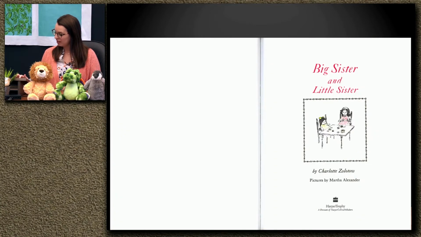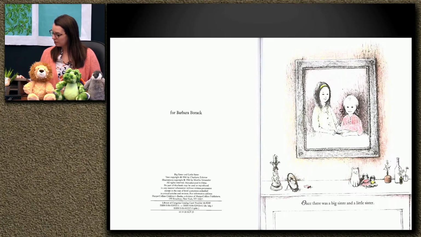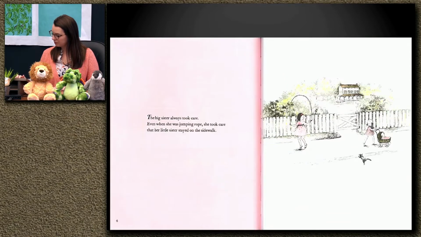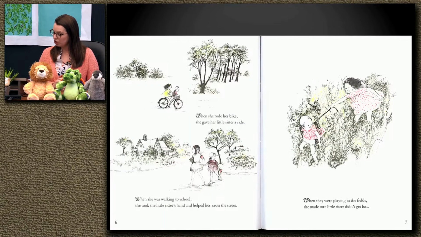Big Sister and Little Sister. Once there was a big sister and a little sister. The big sister always took care, even when she was jumping rope, she took care that her little sister stayed on the sidewalk. When she rode her bike, she gave her little sister a ride.